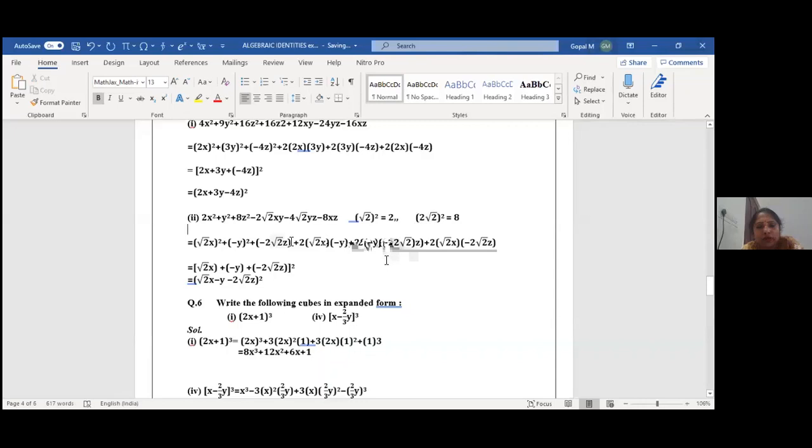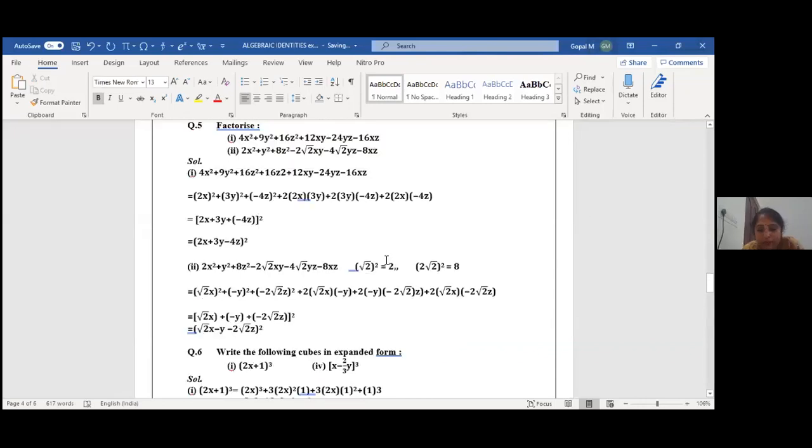Once we get the ABC values, you apply them in 2AB, 2BC, 2CA. That's it, no confusion here. I'm just checking the question. Minus into minus becomes plus. This is plus.